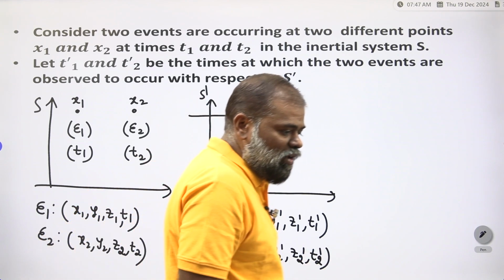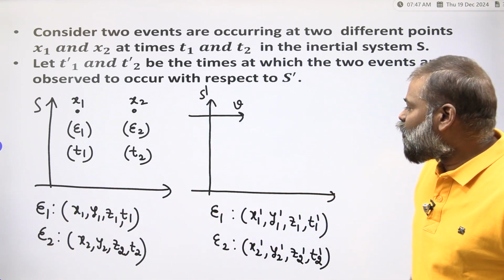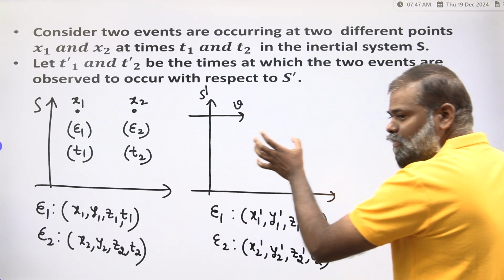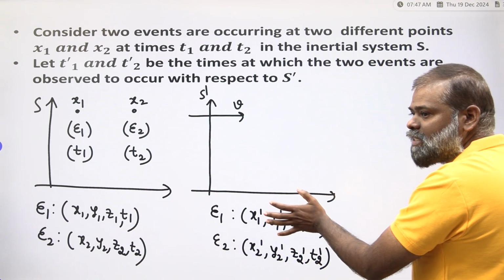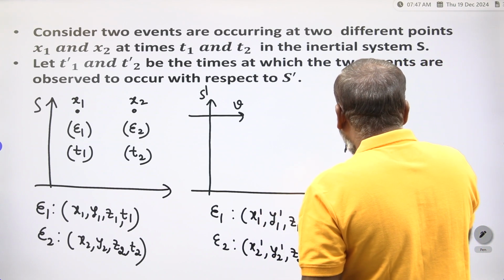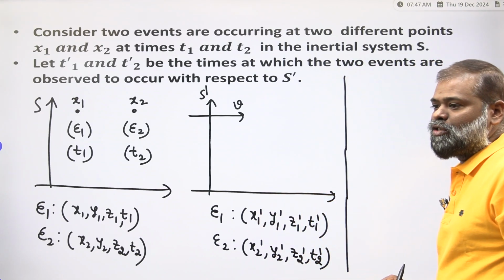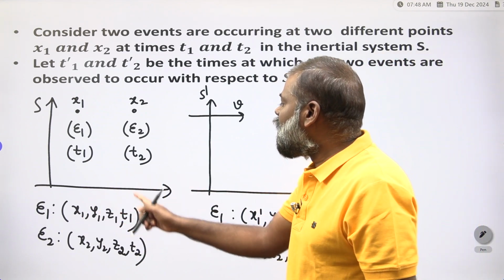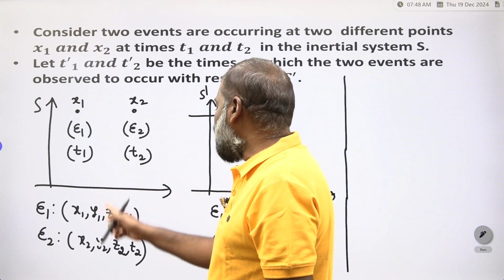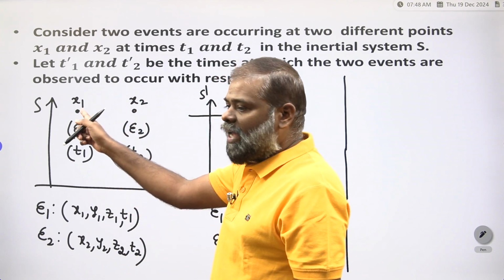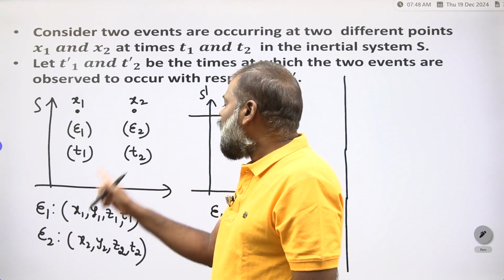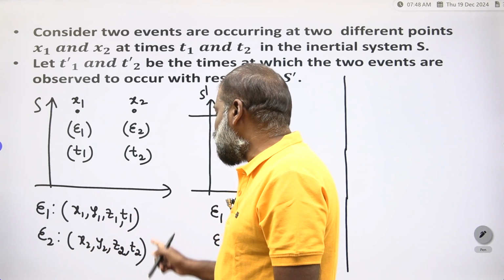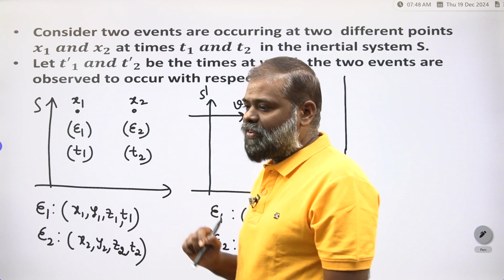So from event 1 and event 2 we wrote the coordinates: event 1 has x1, y1, z1, t1 in the S frame, and event 2 has x2, y2, z2, t2 in the S frame only.